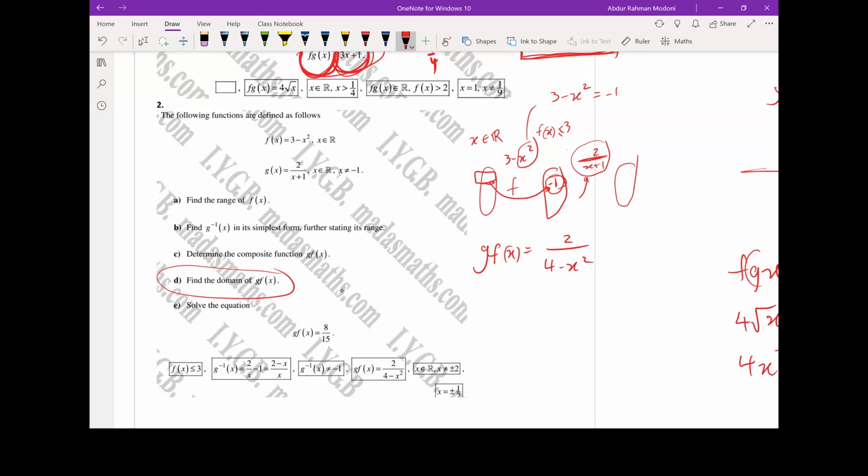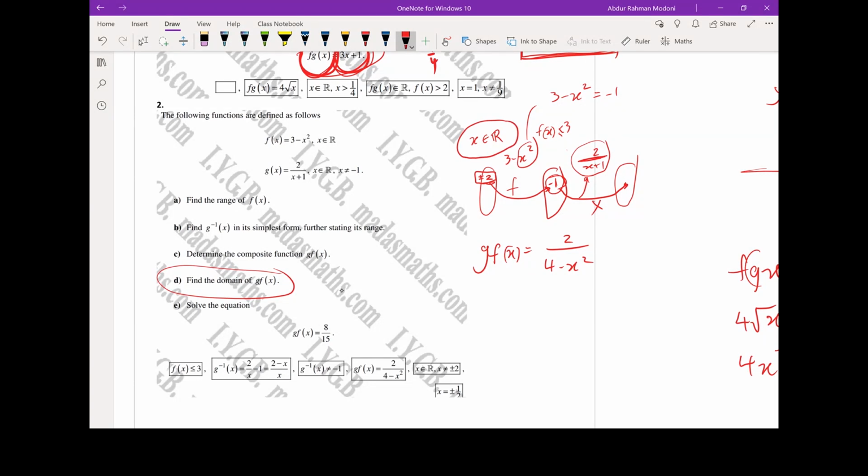So a value of plus or minus 2 would result in an output of minus 1, which is a value that does not work with the g of x function because it's undefined. So the domain of the composite function gf of x is not all real numbers.